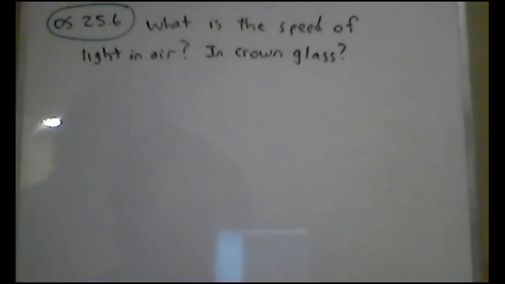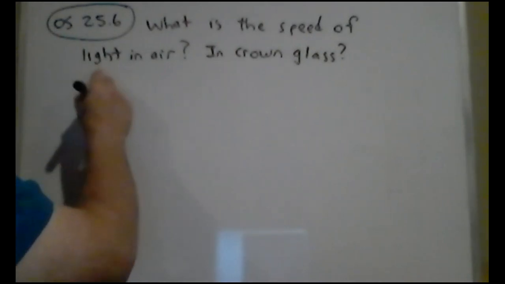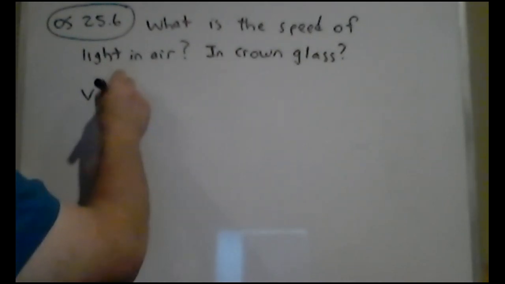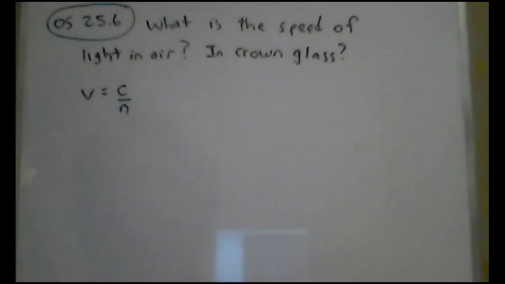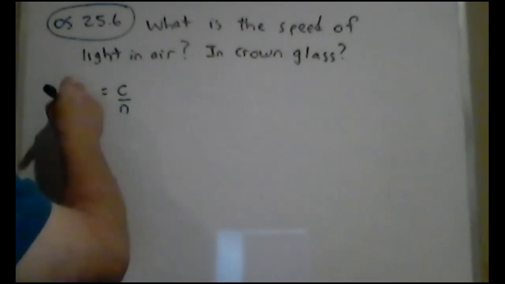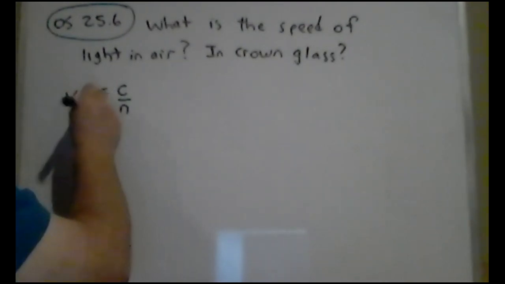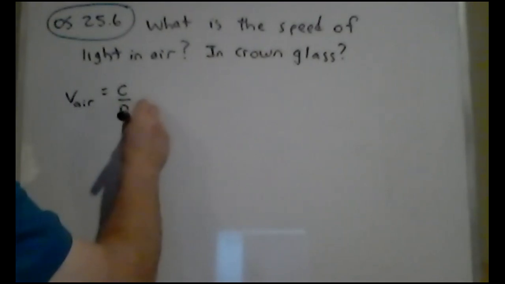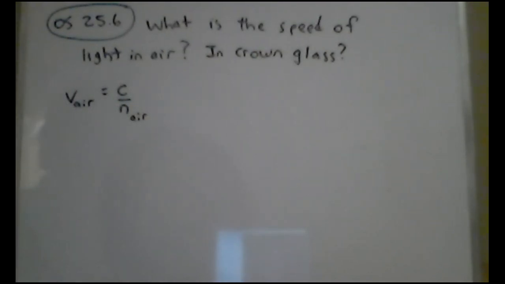All right. Well, first of all, what's the equation for the speed in a medium? The speed of light in a medium is the speed of light in a vacuum divided by the index of refraction. So if we want to figure out the speed in air, we take the speed of light and divide it by the index of refraction of air.